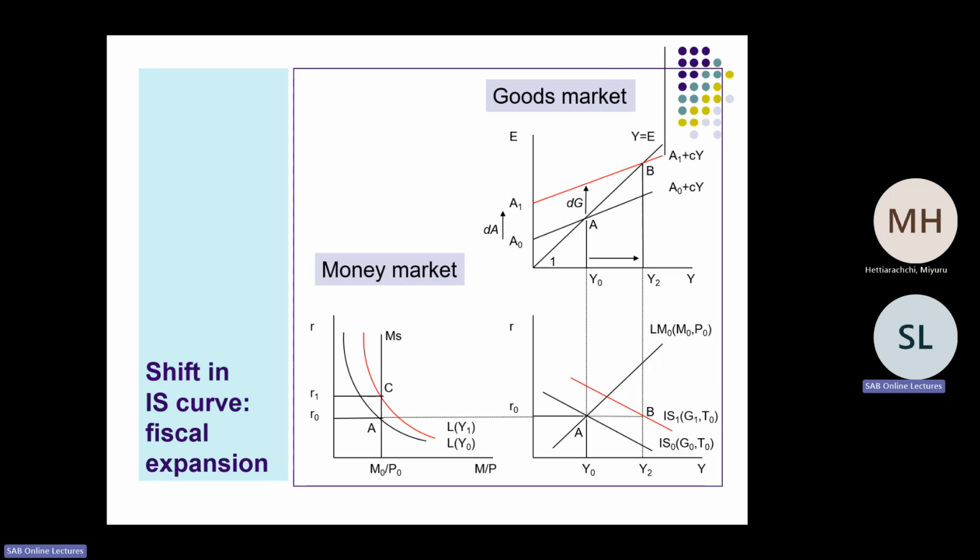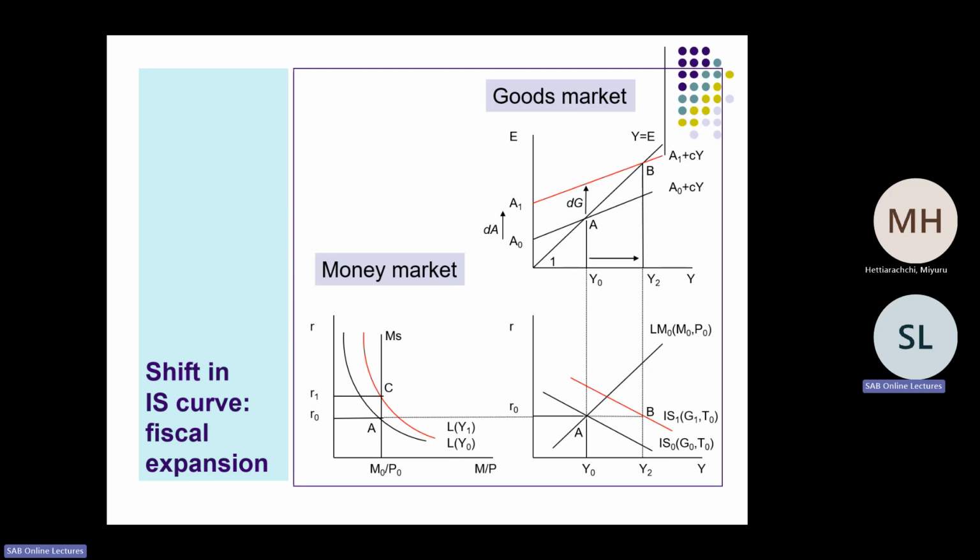But when there is a rise in the money demand, we know that money supply is constant, money demand increases. That creates an imbalance in the money market, no? It creates excess money demand at the prevailing interest rate, right? So therefore, there should be a change in the interest rate, no?